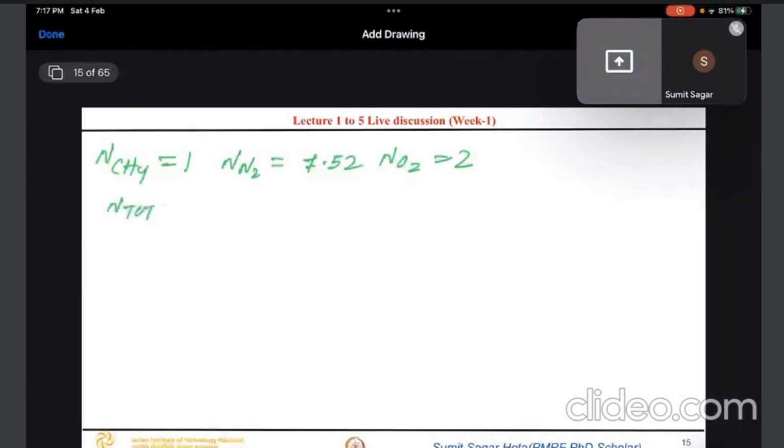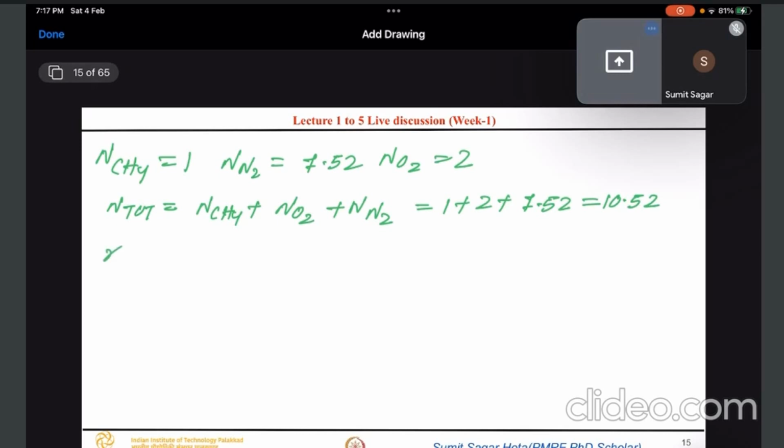Total number of moles is N of CH4 plus N of O2 plus N of N2. That is equal to 1 plus 2 plus 7.52, which gives 10.52. Now what is X of CH4? I have already done this many times. It is N of CH4 divided by N total, which is equal to 1 divided by 10.52. This value should be 0.095.